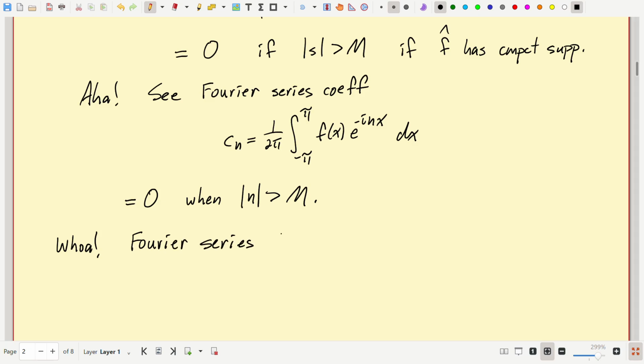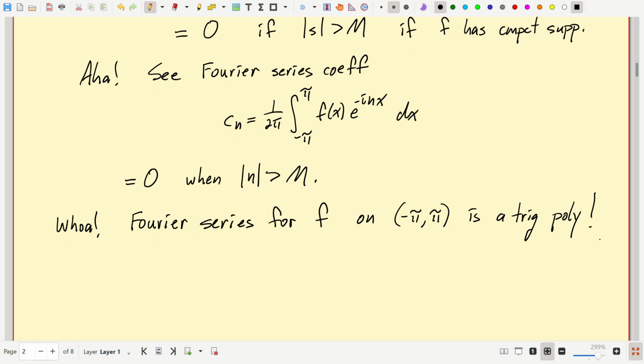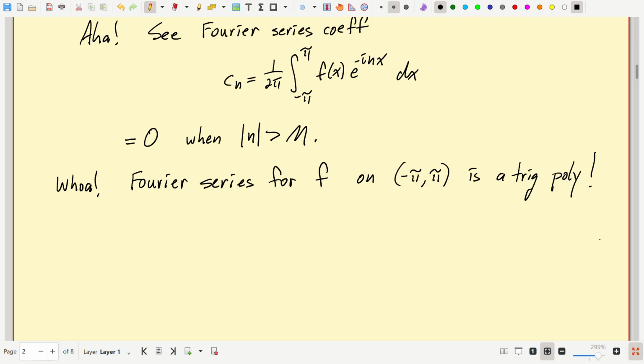Let's see, so the Fourier series for f on the interval from minus pi to pi is a trig polynomial. And that's weird. And that's going to be the key to understanding this.